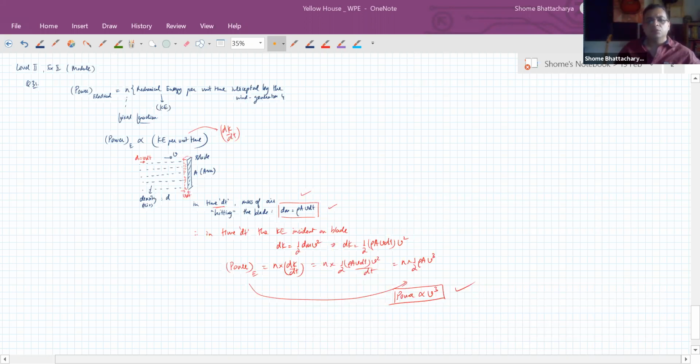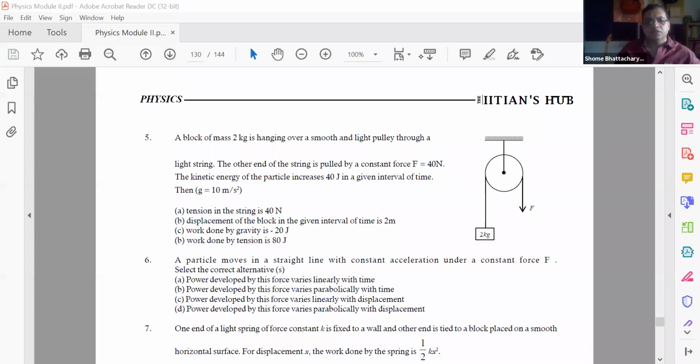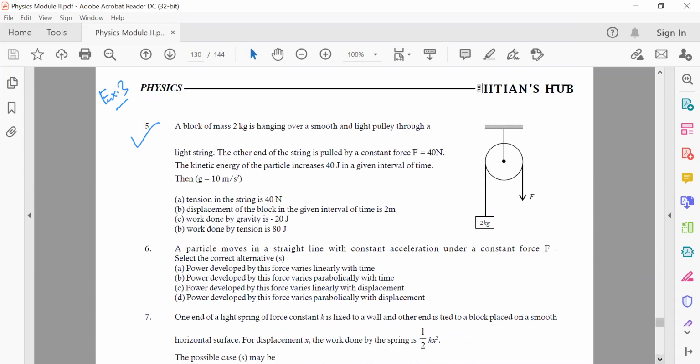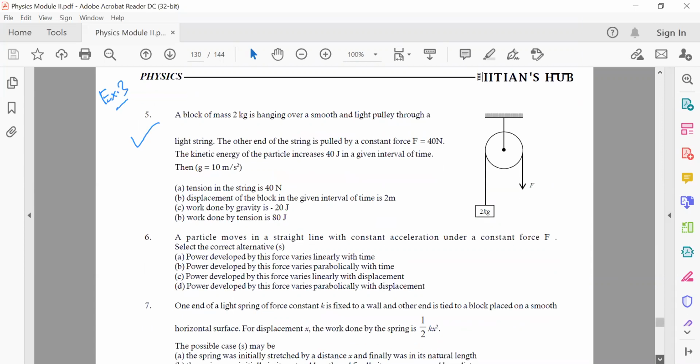Okay, next up we will do this question from exercise 3 of the module, question number 5. Just go through this question next, I'll explain it. So the next doubt I'm solving is exercise 3. This is on page number, just verify the page number for you.